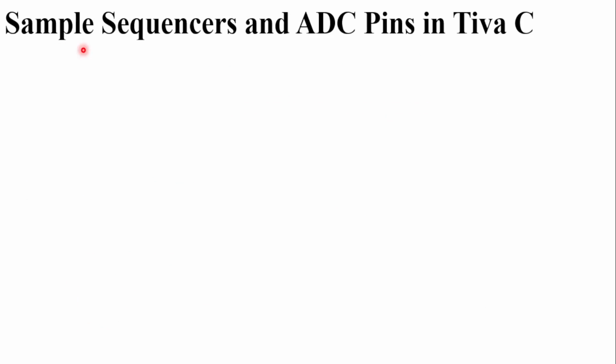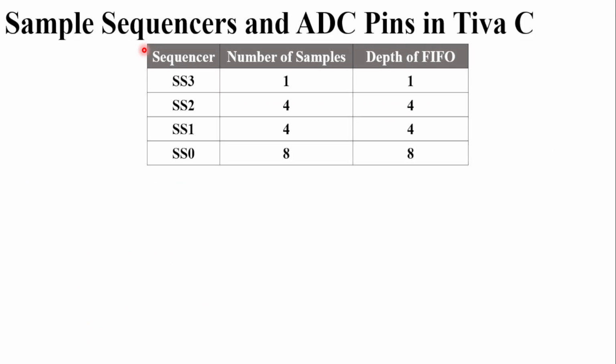Now coming to the sample sequencers and ADC pins. Like I said before, there are 4 sample sequencers, sample sequencer 0 to sample sequencer 3. Sample sequencer 0 supports 8 samples and sample sequencer 1 and 2 support 4 samples and sample sequencer 3 supports 1 sample.